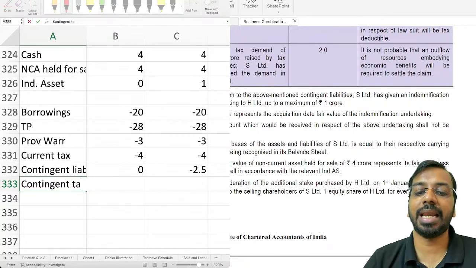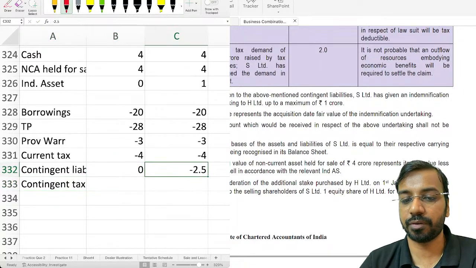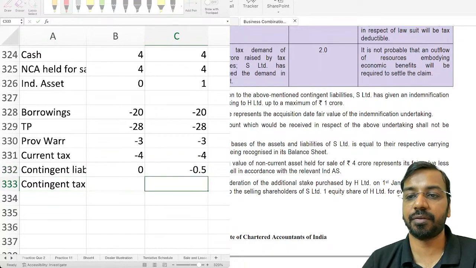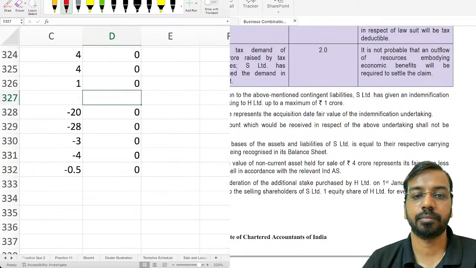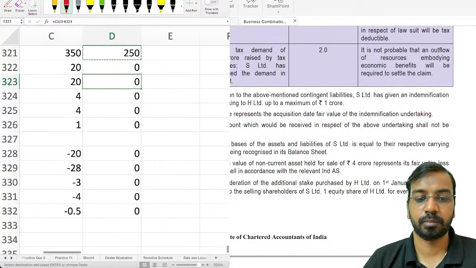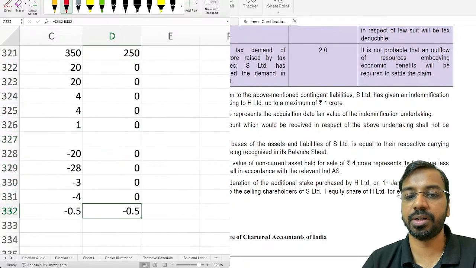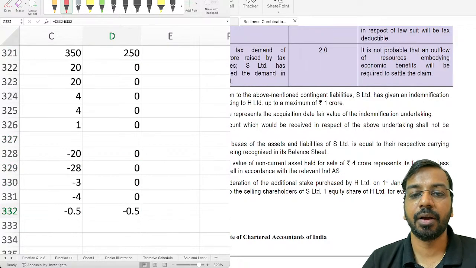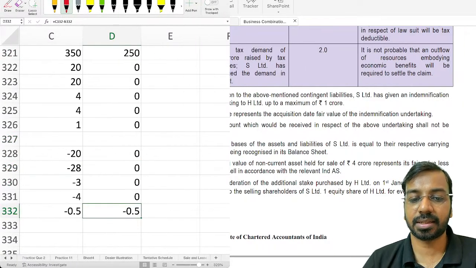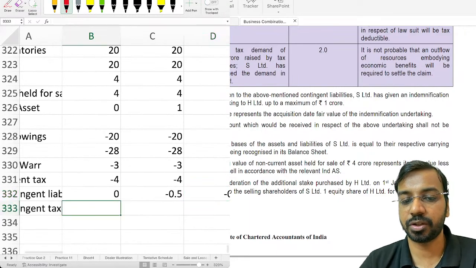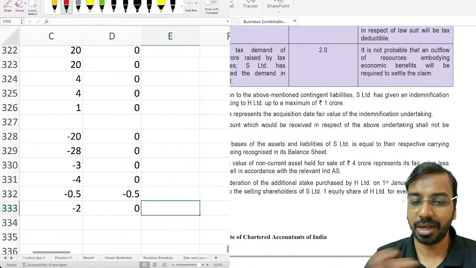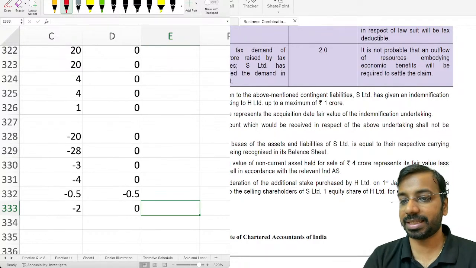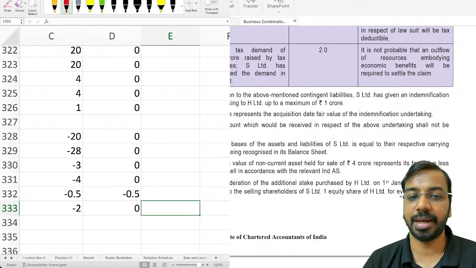The contingent liability, which is minus 0.5, will result in a difference of 0.5, whereas the tax, which is 0 here and minus 2 here, will not result in any difference because it is an amount of tax payable. It is not an amount of deductible or taxable income or expense, right?